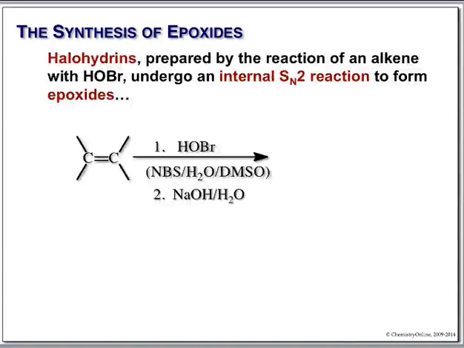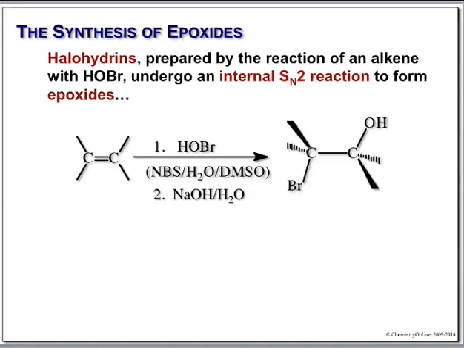We can also make an epoxide using an internal SN2 reaction. Now again, remember back in chapter 6-ish, we took an alkene and reacted it with HOBr. When we did that, we formed a halohydrin.